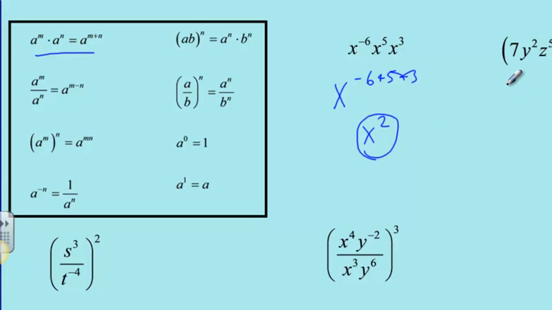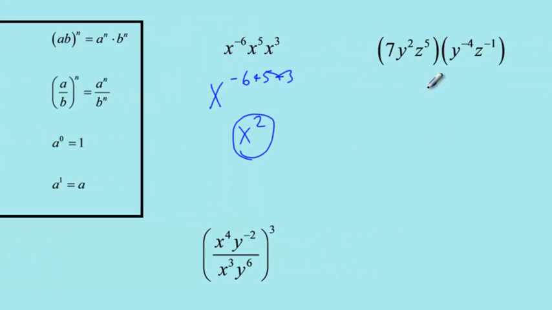All right. The next one, 7y squared z to the 5th times y to the negative 4th z to the negative 1st. Well, it's all multiplication here. So even though they're grouped as here and here, we can take away those parentheses and we can group. So it's 7y squared y to the negative 4th, so I'm grouping my y's together, z to the 5th and z to the negative 1.